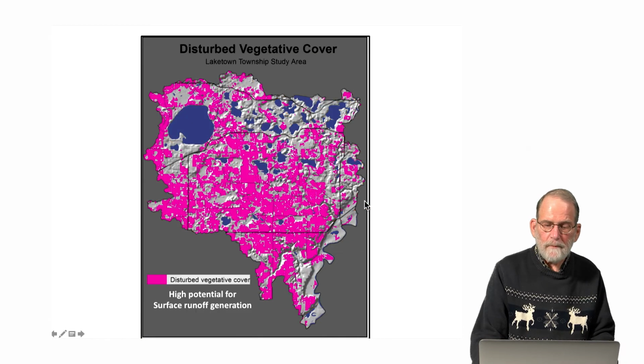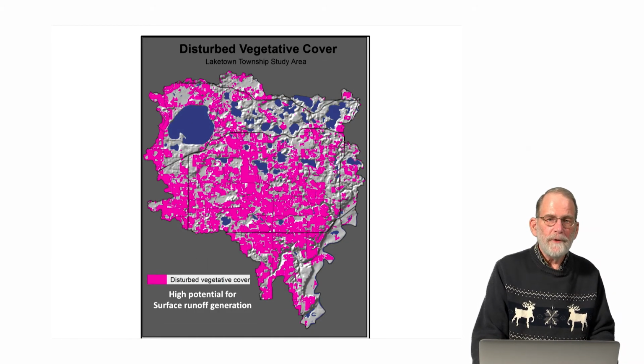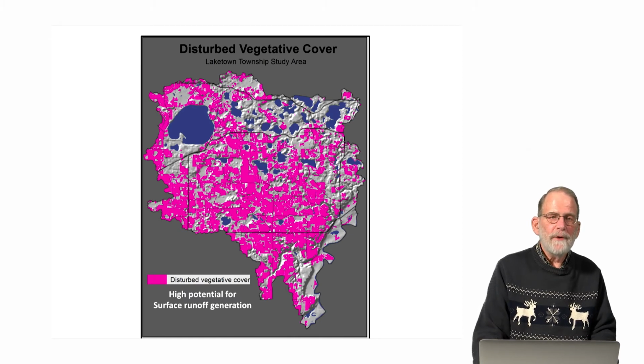Here we can talk about disturbed vegetative cover. This is a polite term for agricultural landscapes. Agricultural landscapes can become sources of surface runoff generation because in cropped areas, cornfields, soybean fields, etc., they spend a significant amount of the year in bare soil conditions.